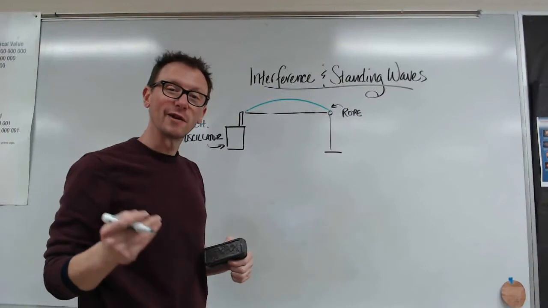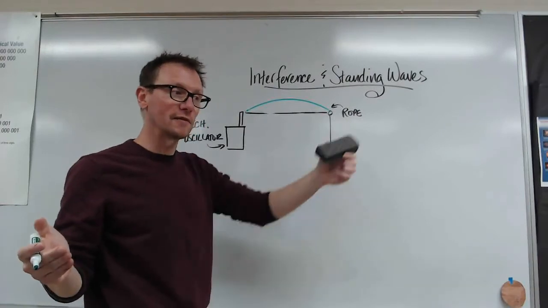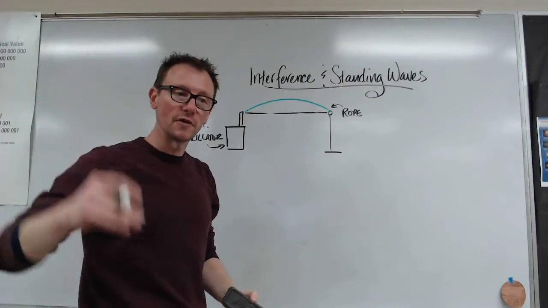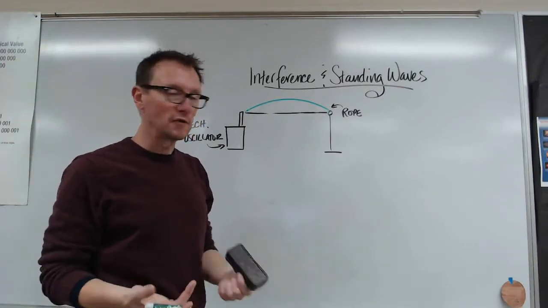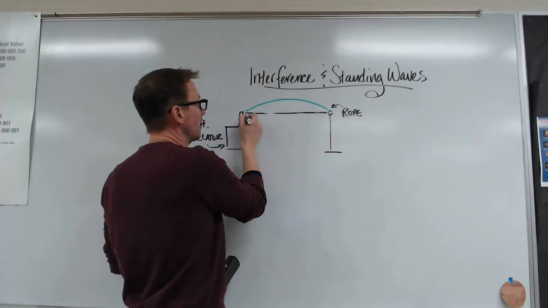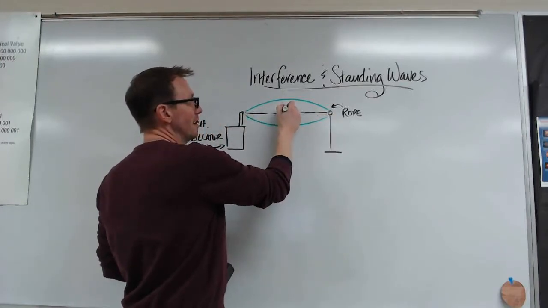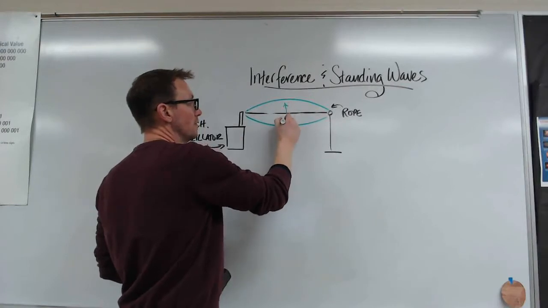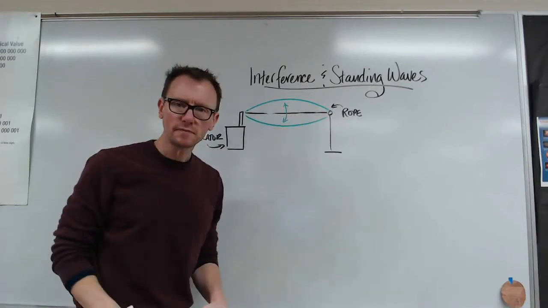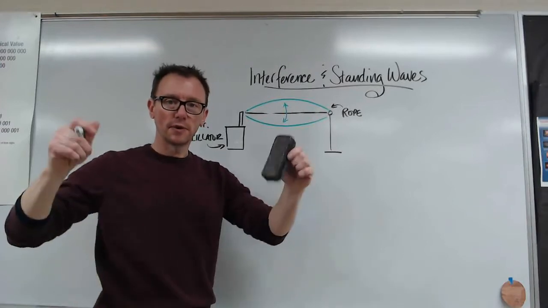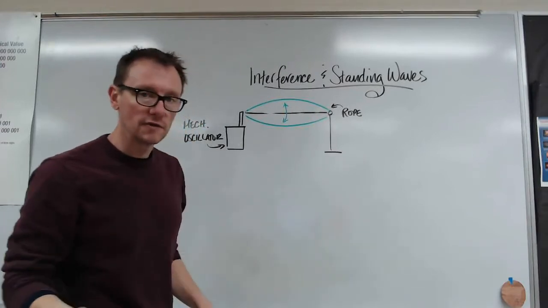So the crest that's being produced and the crest that's being reflected coincide with each other, and they build up on each other. So the trough and the trough could do the same thing, and so you might find, let's say, something like that. And so the wave itself looks like it's just oscillating up and down. So it's going all up and all down, all up and all down. And I'll show you that in just a minute.